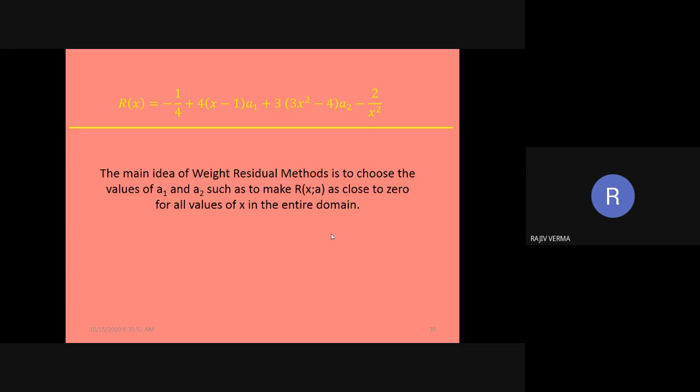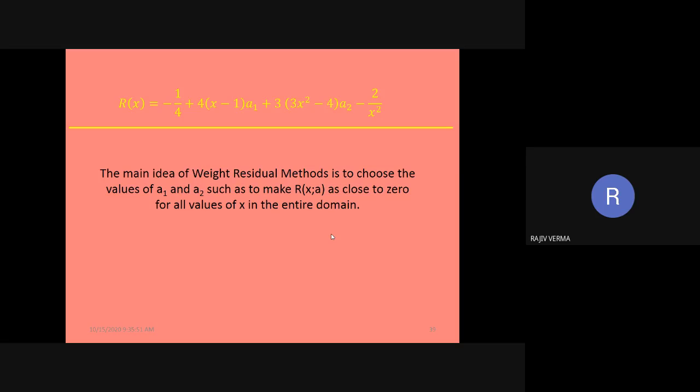So we have the equation of the residual. The main idea of the weighted residual method is to choose the values of A1 and A2 such that the residual becomes as close as possible to zero, of course, for all values of x in the entire domain.